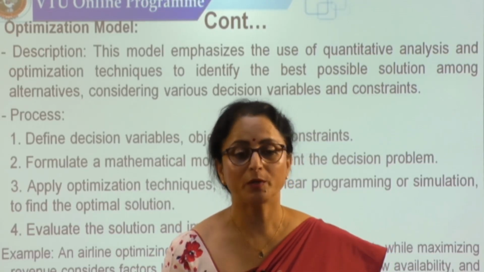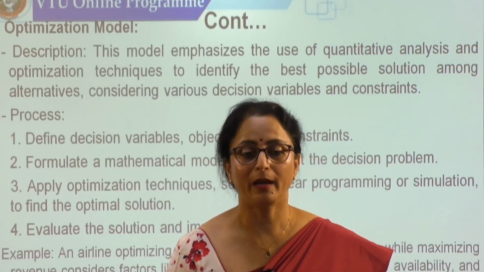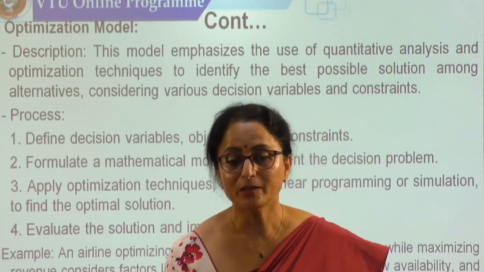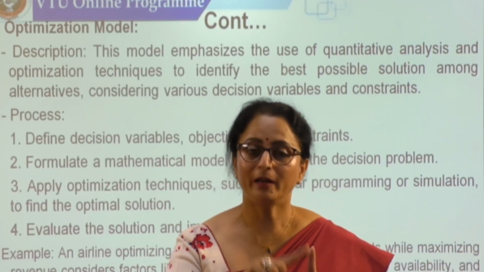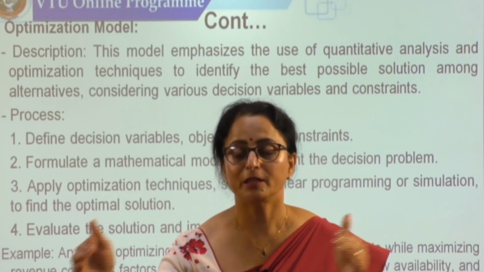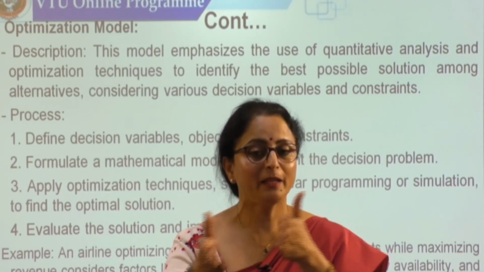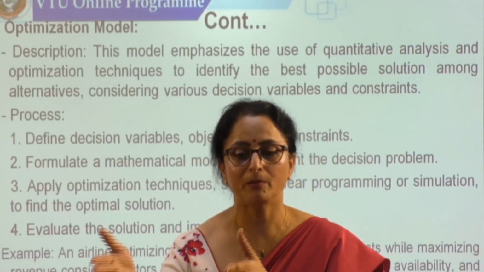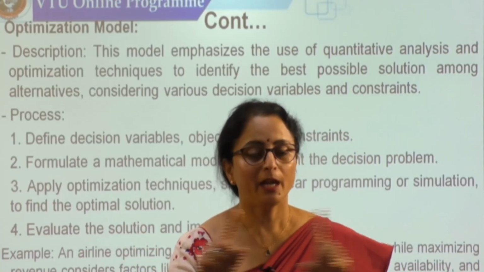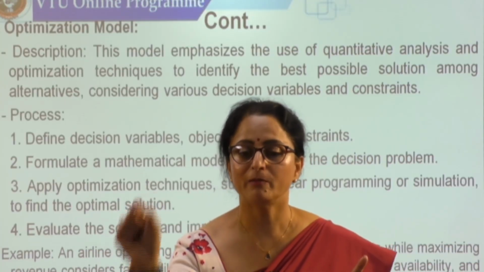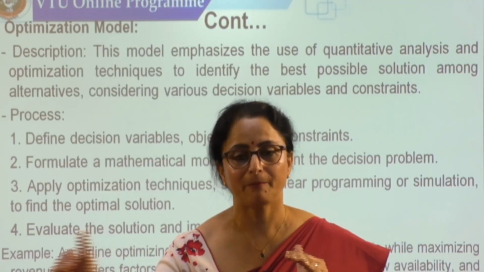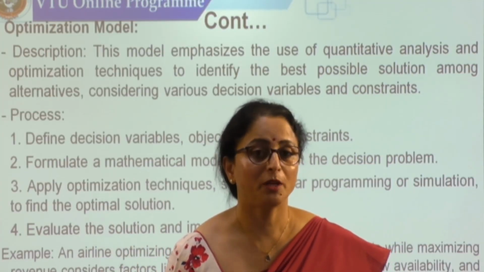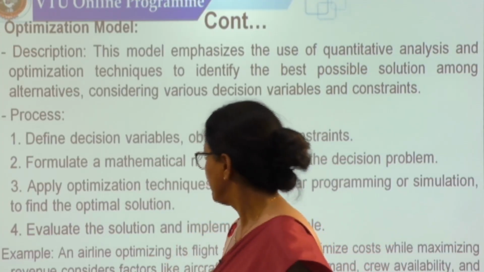The steps for this optimization model go like this: define the decision variables, objectives and the constraints. Formulate a mathematical model to represent the decision problem. Apply the optimization techniques such as linear programming, PERT, CPM, simulation. Evaluate the solution and implement whichever is feasible, the best, the shortest way. That is about the optimization model.